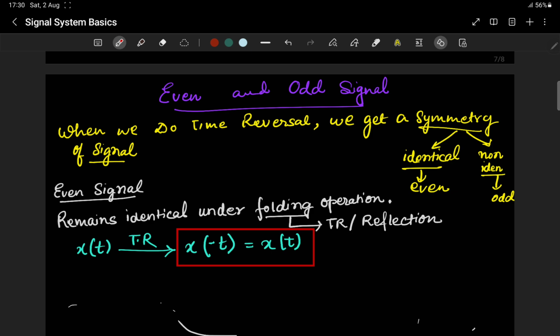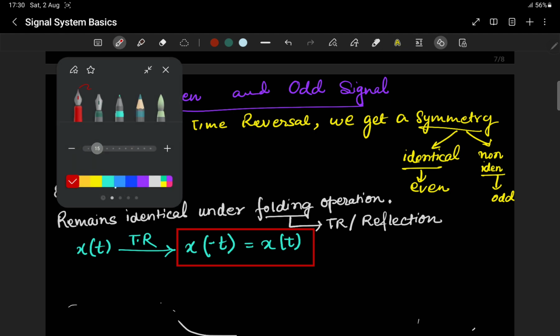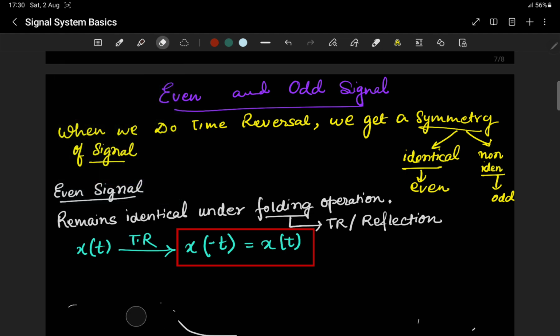After seeing this, what comes to your mind first? The basic equation-wise example that comes first to my mind is cos theta. You know why? Because when we take cos(-theta), it gives cos theta.